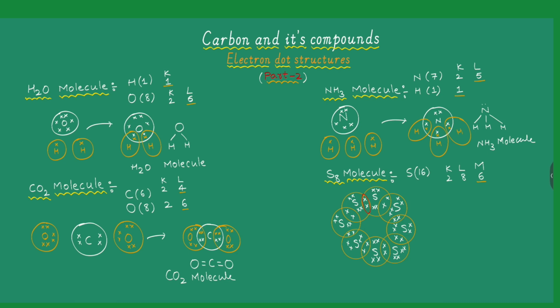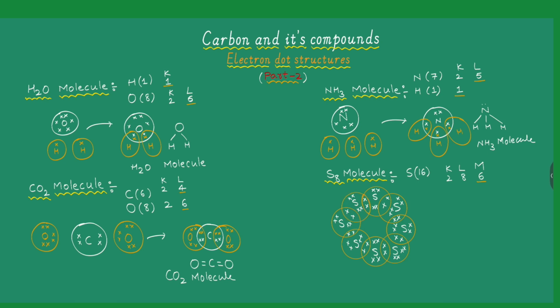And if you count the total valence electrons of each sulfur, you will have 8 electrons. Here 2, 4 and the remaining 4. So for every sulfur atom there will be 8 electrons. In this way the S8 molecule will be formed.